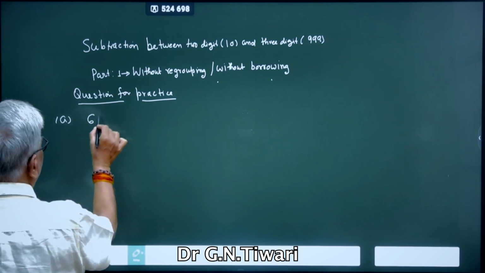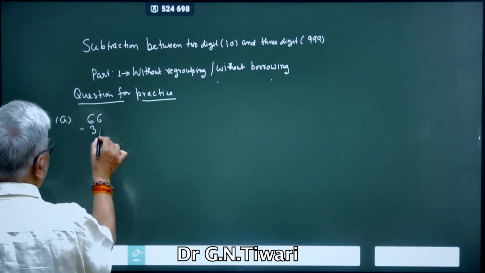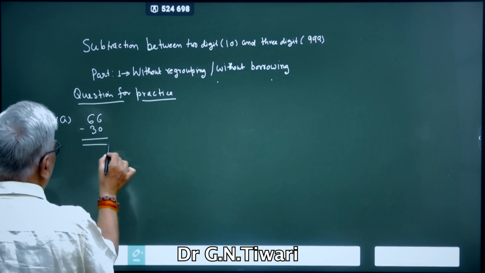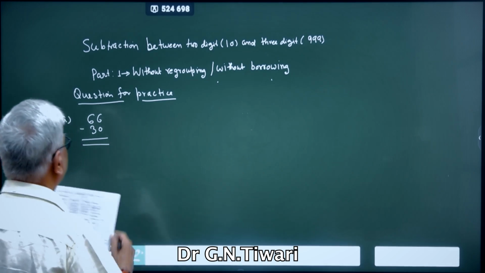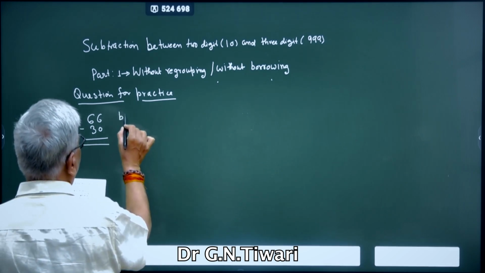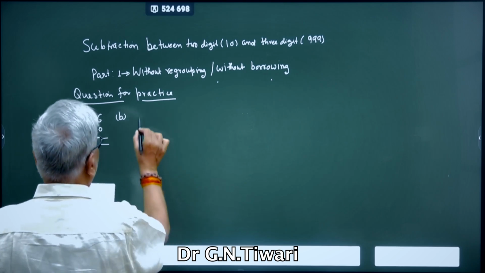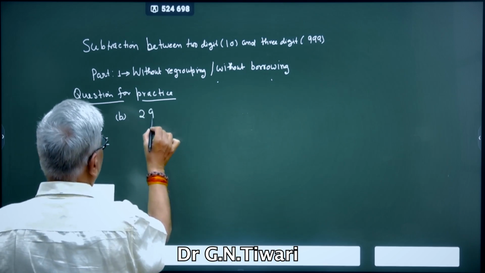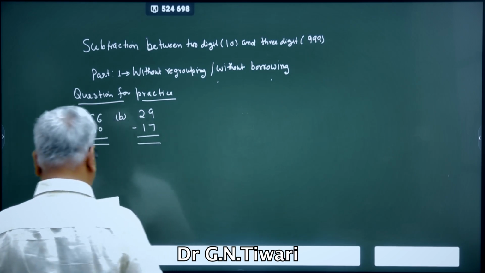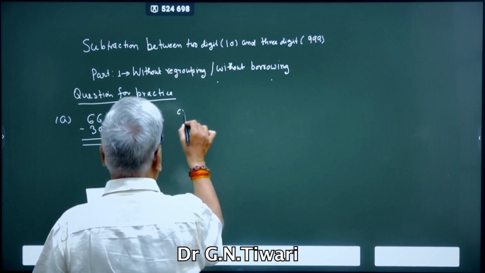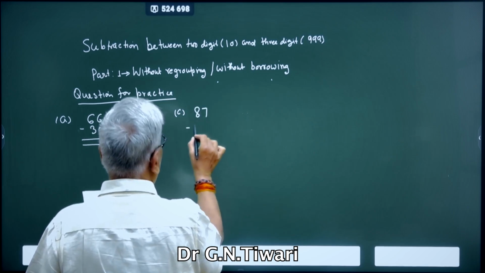A: 66 minus 30. Ask the student to write minuend, subtrahend and difference. B: 29 minus 17. C: 87 minus 35.